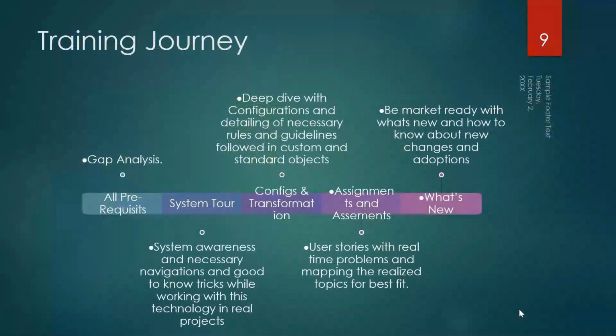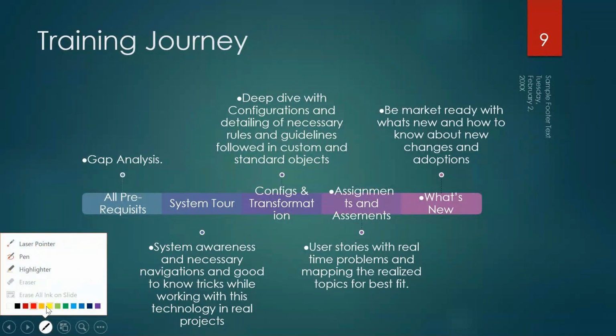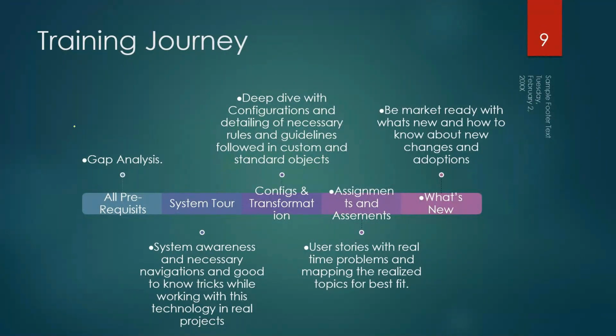So I will keep into a nutshell about how our training journey is. So as I mentioned, we will start with all the prerequisites, people, which we also refer to as gap analysis. So in the context of gap analysis, we will speak about a few important terminologies, or we speak about what are the different architectural changes they have brought when we compare it with the older SAP systems which are available for us.